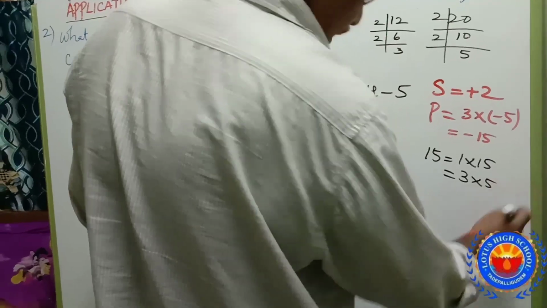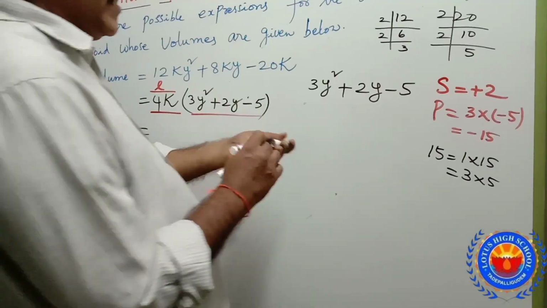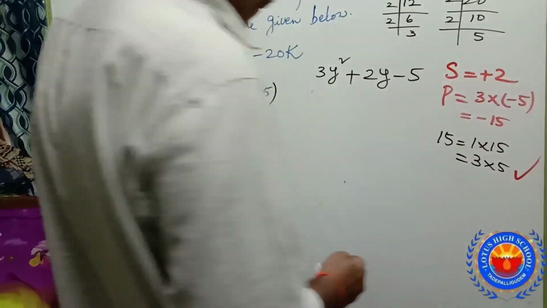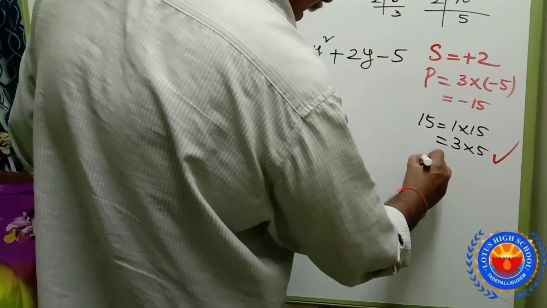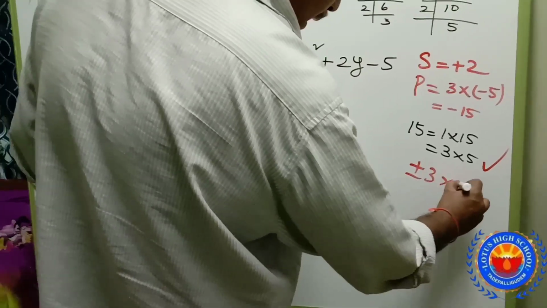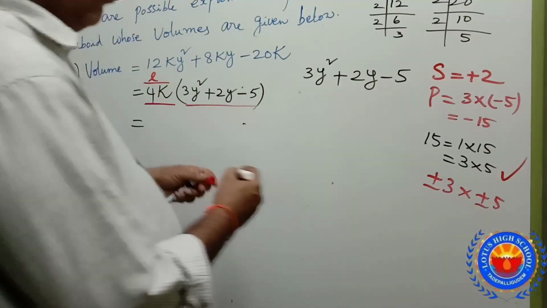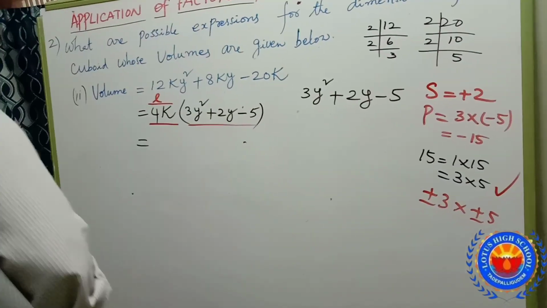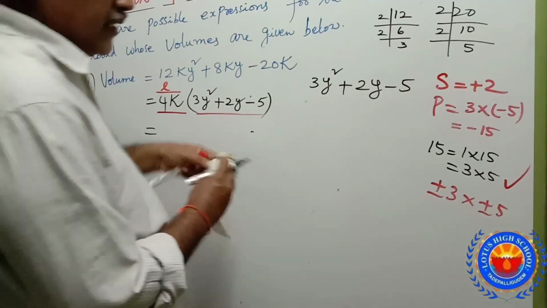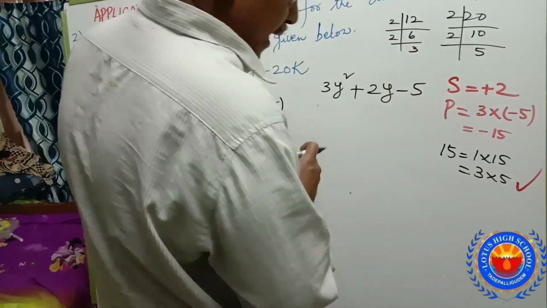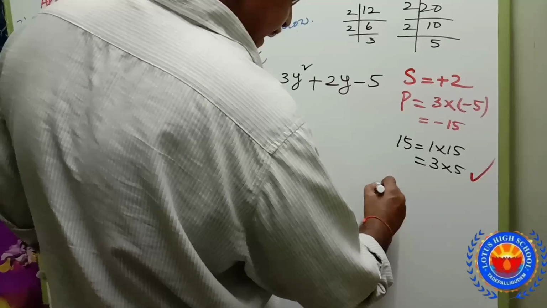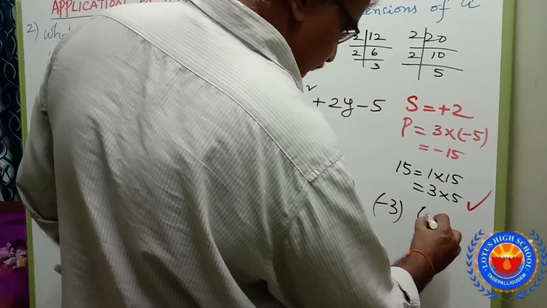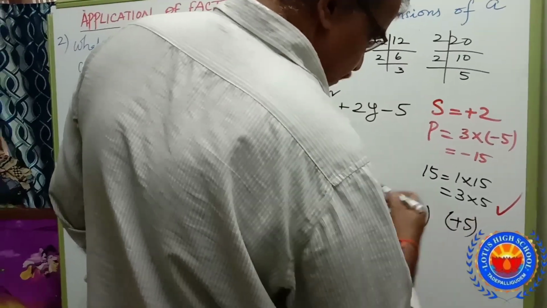4 is not dividing, so 5 into 3, stop. This is suitable: 3 and 5, that is plus or minus 3 into plus or minus 5. How to take them? Because the middle term should be plus 2y, I can take minus 3 and plus 5.